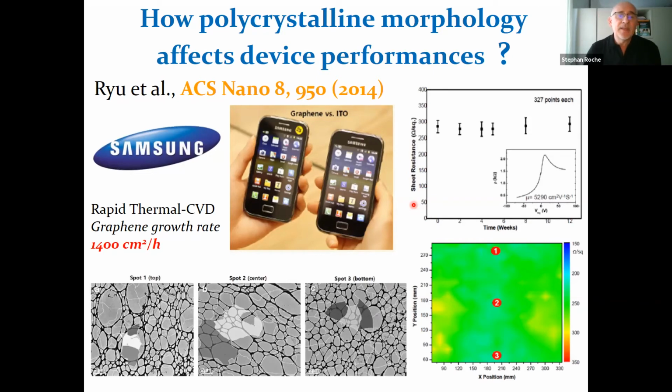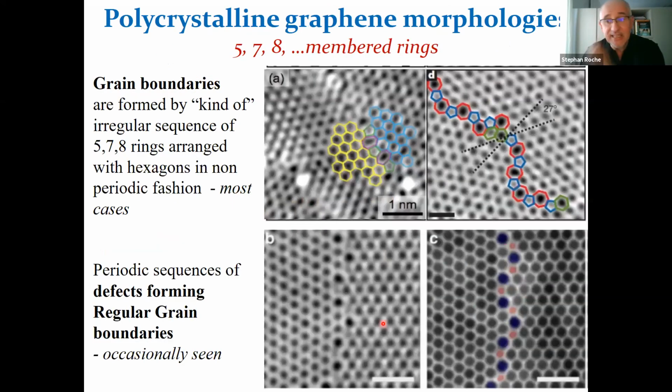The first one is what is the relation between the growth rate and the morphology of the polycrystalline graphene and the electrical performance, like the sheet resistance, for instance, for different types of graphene morphology. So to investigate that, what you need to do is really to investigate complex morphologies which include these grain boundaries.